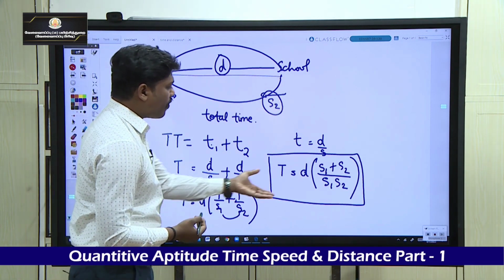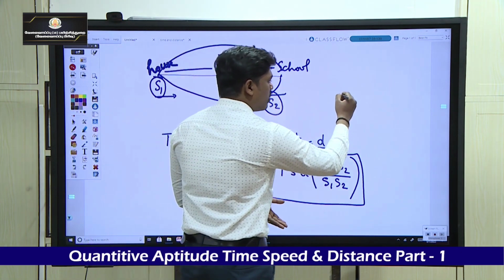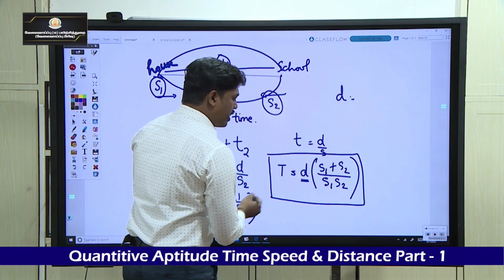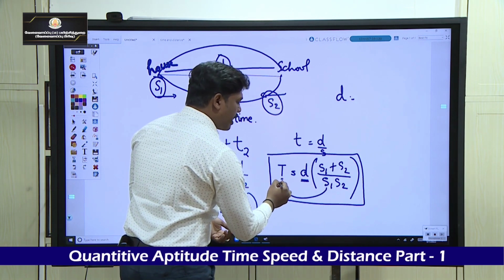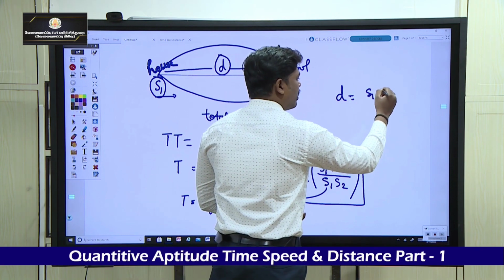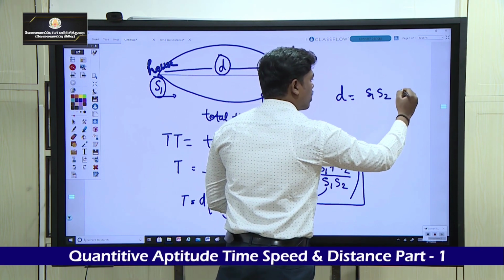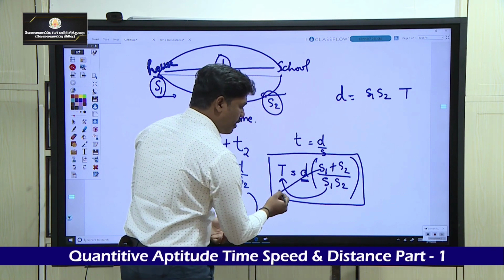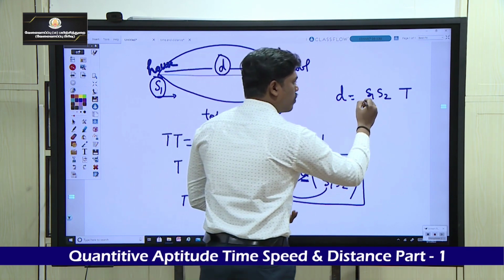So to find distance, what can we do here? Distance equals S1 into S2 into time divided by S1 plus S2.